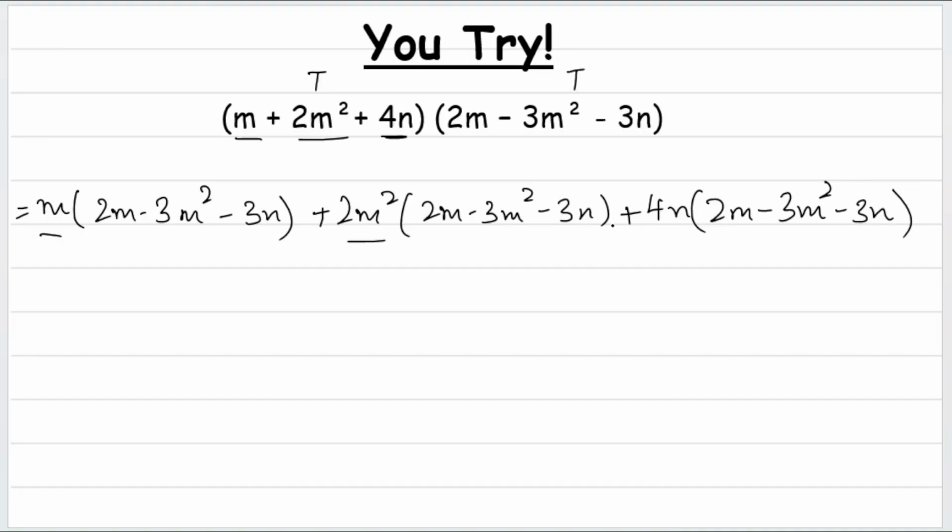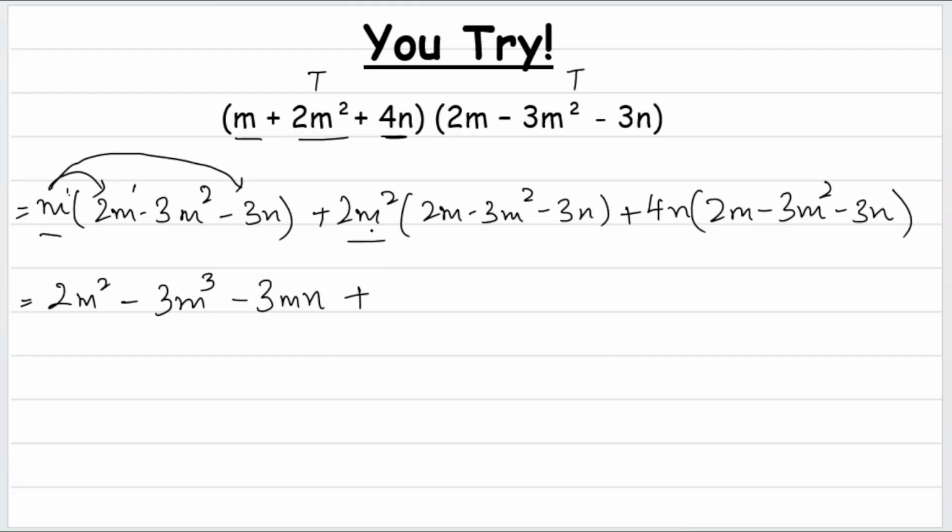It is just now a distributive property. So let's multiply m with all the terms inside. So m times 2m is 2m square. How? M to the exponent 1, m to the exponent 1, and it becomes m square. M times minus 3m square is minus 3m cube. 2 plus 1, 3. And then m times negative 3n. It's m and n. So negative 3mn.